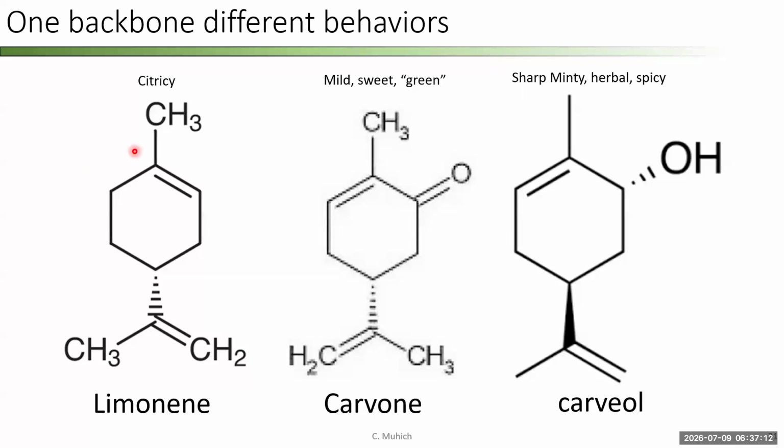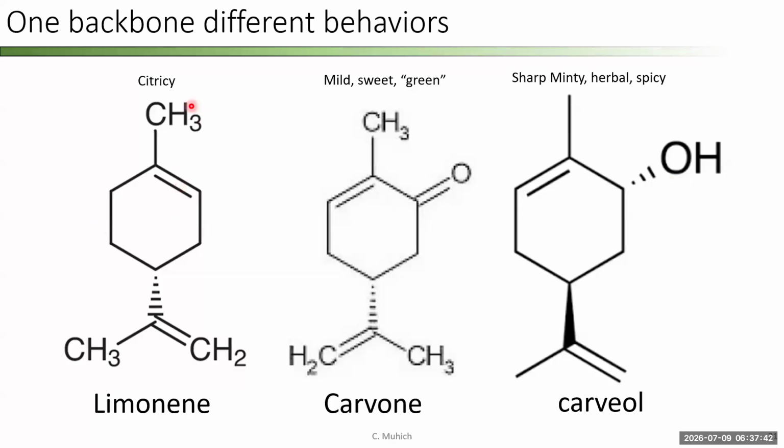So we can think about these terpenes and terpenoids. Here's an example of three terpenes and terpenoids: limonene, carvone, and carveol, which differ really in what's happening on a single carbon, right? Whether there's a hydrogen, an oxygen, or an OH group.